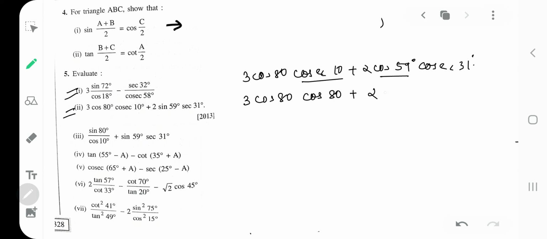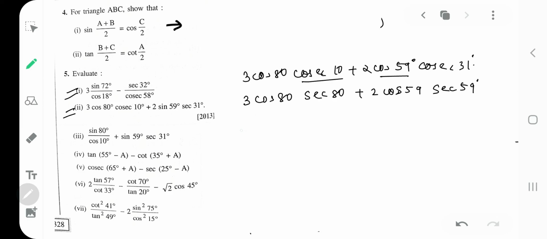For cos 59, just 1 minute, I have made a mistake here. Not cos 80, you can write sec 80. Plus 2, for cos 59, I'll keep it as it is, and for sec 31, I can write cosec 59.